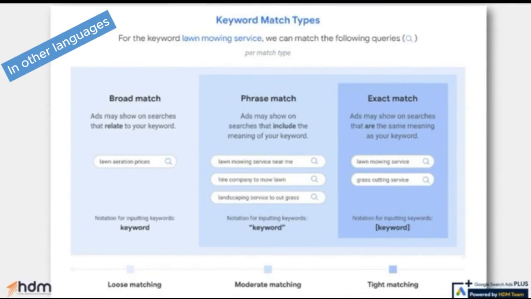Now look, it says hire company to mow lawn. What does that mean? It means I hire a company to mow the lawn. So what was my keyword in terms of the meaning of lawn mowing services? Does it include its meaning? Yes. Well, or another one wrote landscaping service to cut grass.